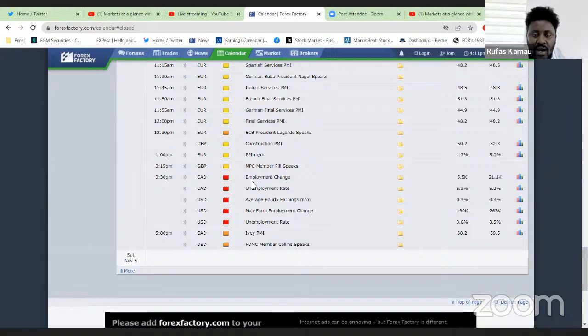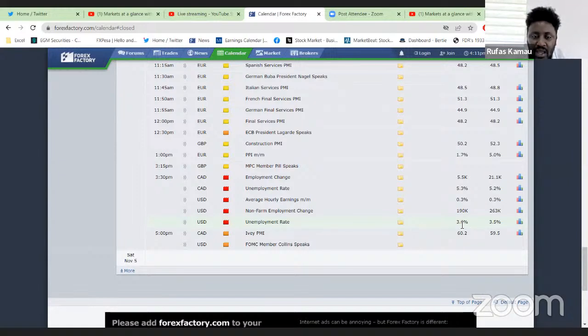Same case applies to Canada, where we'll be focusing still on the jobs data. The unemployment rate in Canada was last at 5.2% last month. In this case, we're expecting this to move to 5.3%, basically meaning that the job market is weakening. And for the US, the previous unemployment rate was 3.5%, and we expect this to weaken further to 3.6%.